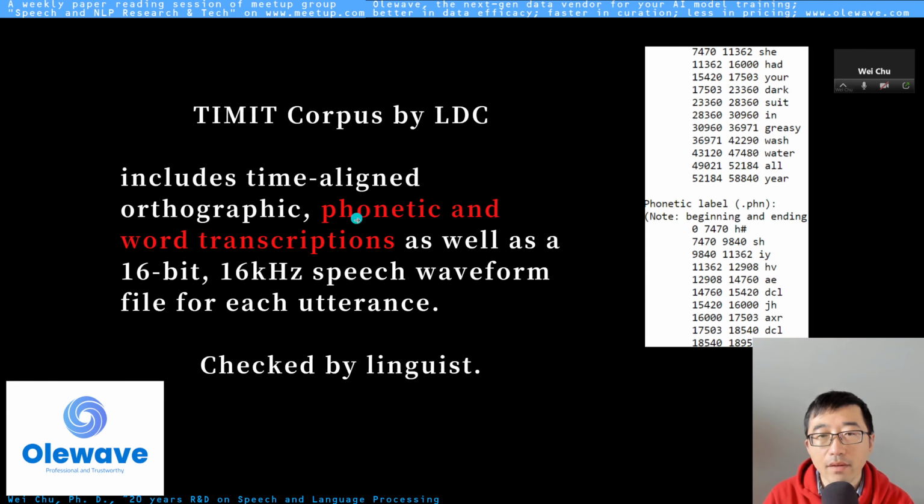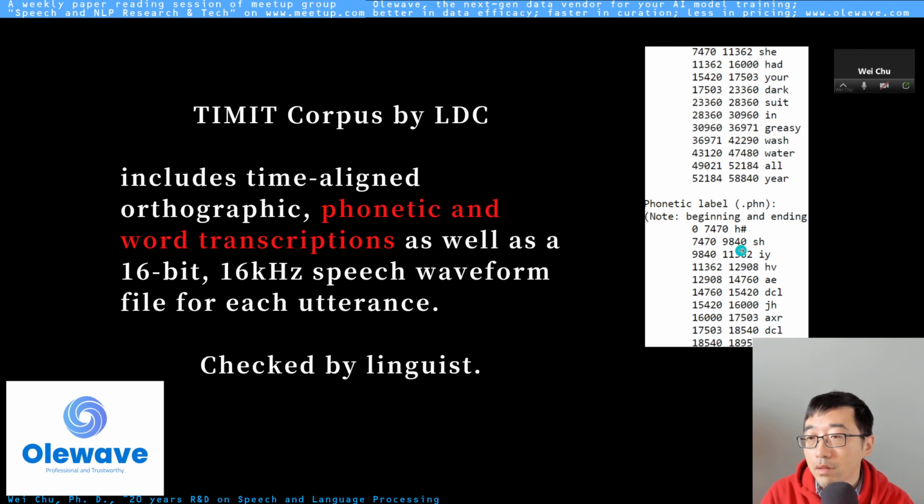They have time-aligned phonetic and word transcription. What do I mean? You can see over here, the rightmost column is all about the words, these are phonemes, and these are the others. The first two columns are starting and ending frames, which are of a certain time unit. Probably it's 100 nanoseconds, correct me if I'm wrong, but that's the point.